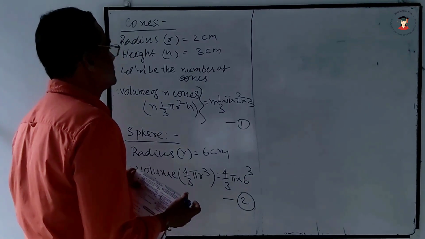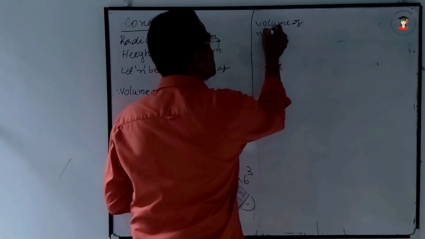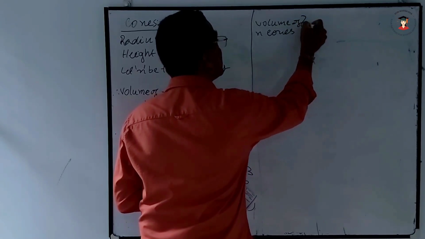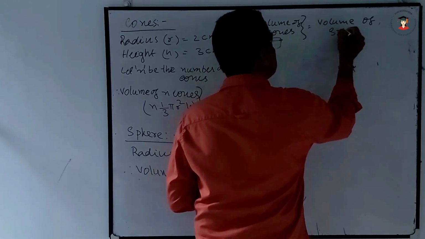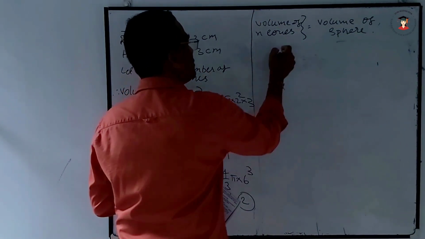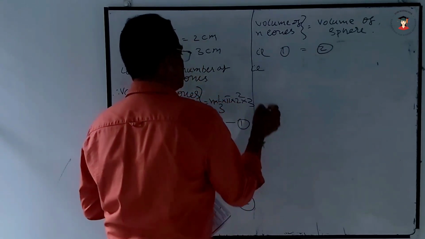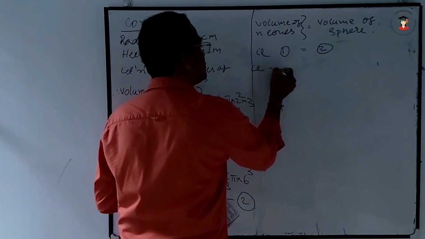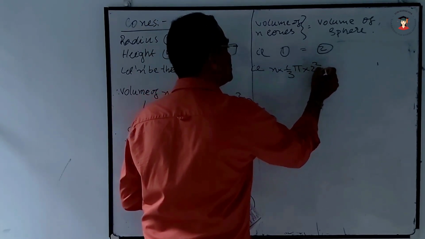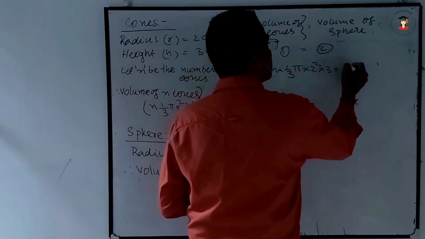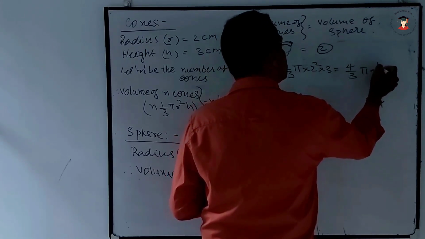So equating 1 and 2, that is volume of n cones equal to volume of sphere, that is 1 is equal to 2, that is n into 1 by 3 into pi into 2 square into 3 equal to 4 by 3 pi into 6 cube.